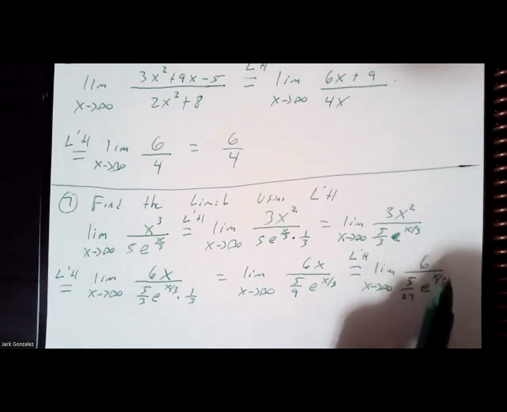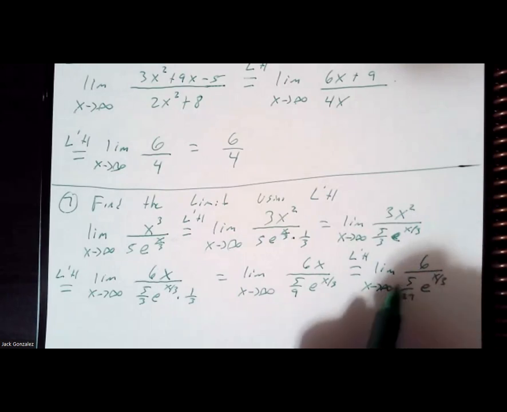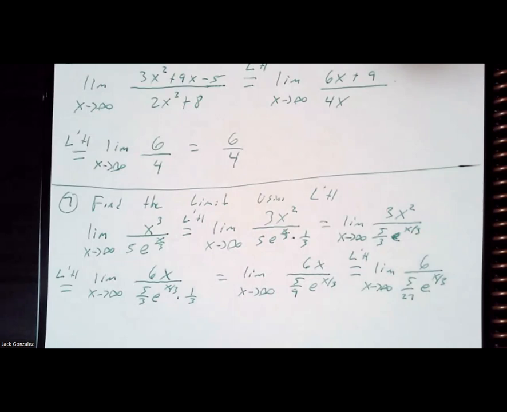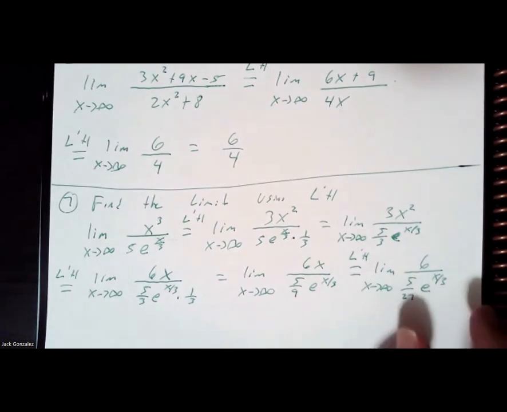So now there's no more x's on top, right? So if you take the limit, what's going to happen? Would it be infinity? Well, the bottom is getting infinitely big. Or it stays the same.